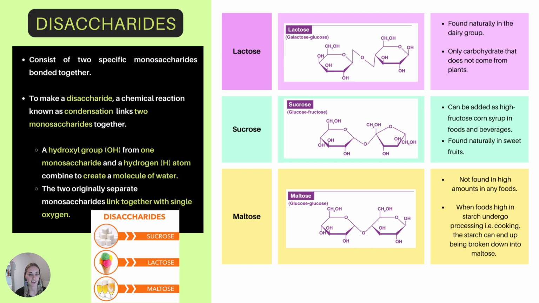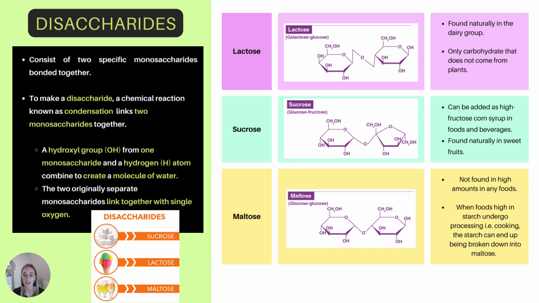All right, disaccharides. Similarly to monosaccharides, their name also makes them easy to remember. The word di at the start of disaccharides is derived from ancient Greece, and it means two or double. Hence, disaccharides contain two monosaccharide molecules. It is important to remember which monosaccharide molecule pairs with which to form these disaccharides.